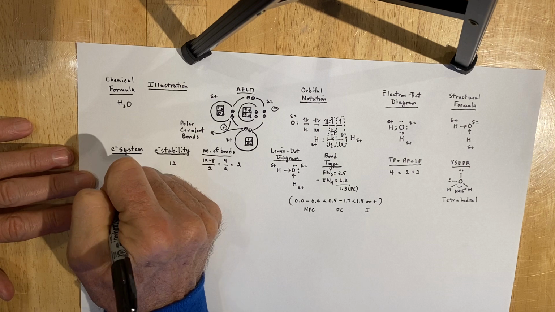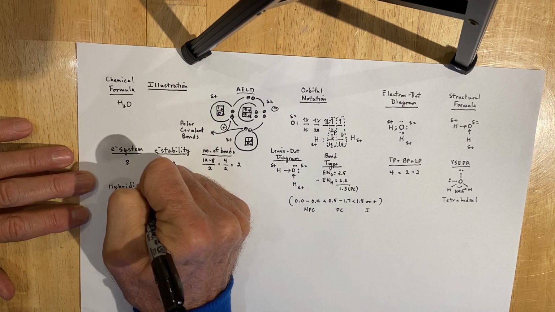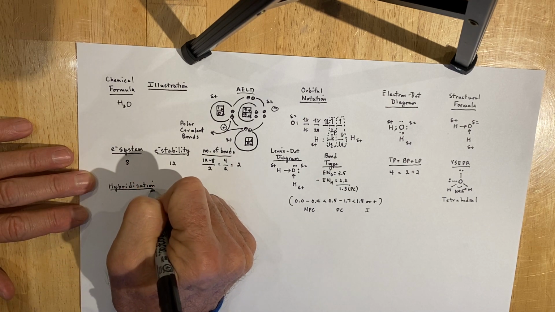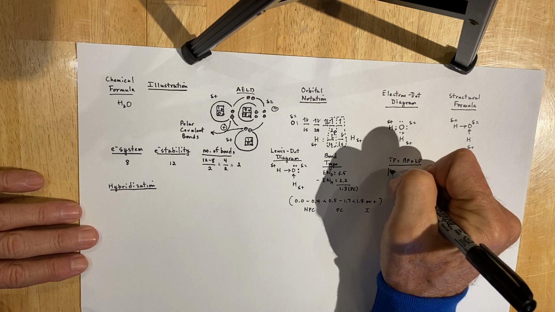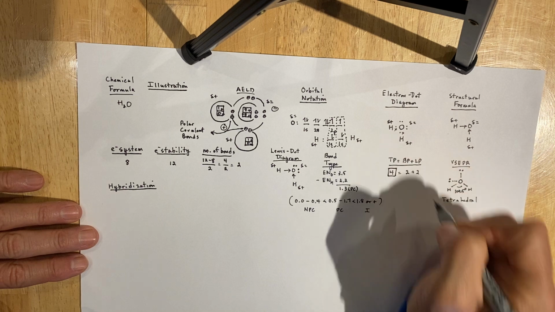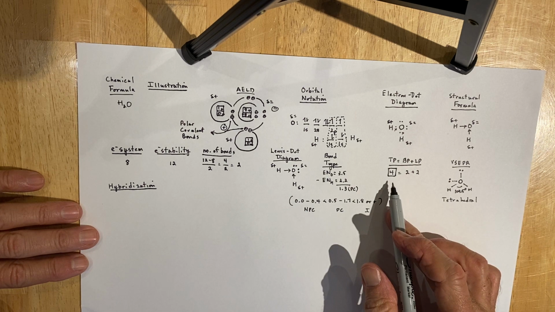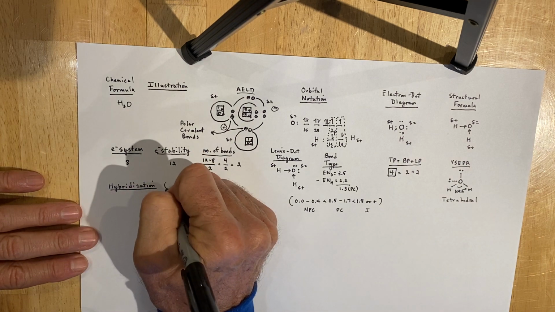But there's a companion theory known as hybridization theory, which seeks to explain the arrangement of electrons around a central atom when the atoms are bonded together in a molecule. And once again, this total pairs of electrons of 4 predicts, yes, a tetrahedral geometry with a bond angle of 109.5.